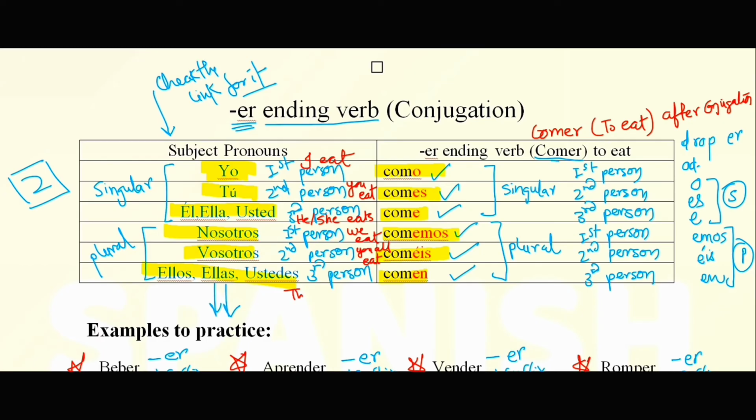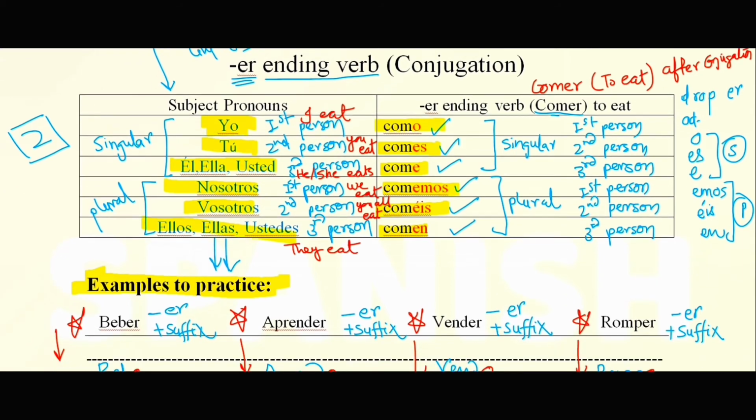They all eat. You know, usted means aap in Hindi, you formal, and ustedes means you all formal. But we put it in third person and conjugation also. So, ustedes comen means you all eat, but in formal.